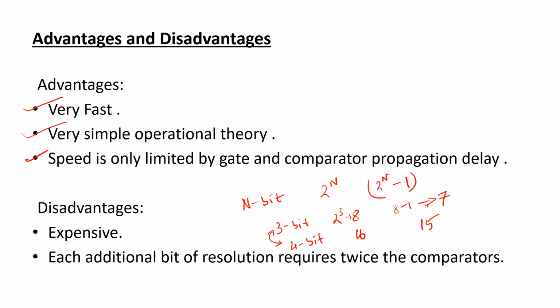So the size of the circuit will increase with the number of bits, and more components will be necessary, which will also increase the cost. So the expense and the requirement of the number of components for a higher number of bits becomes one of the disadvantages for this sort of design.